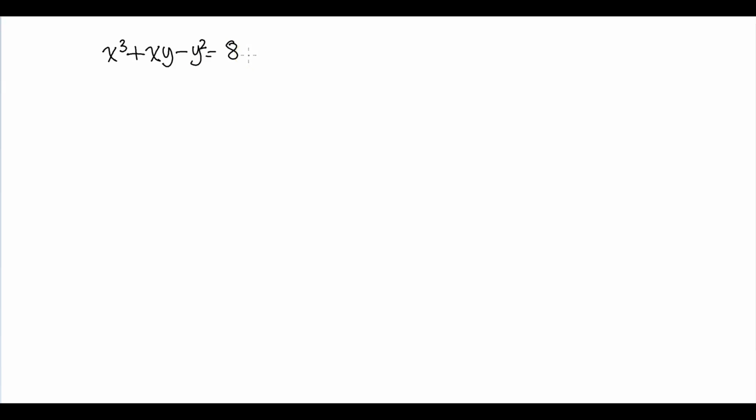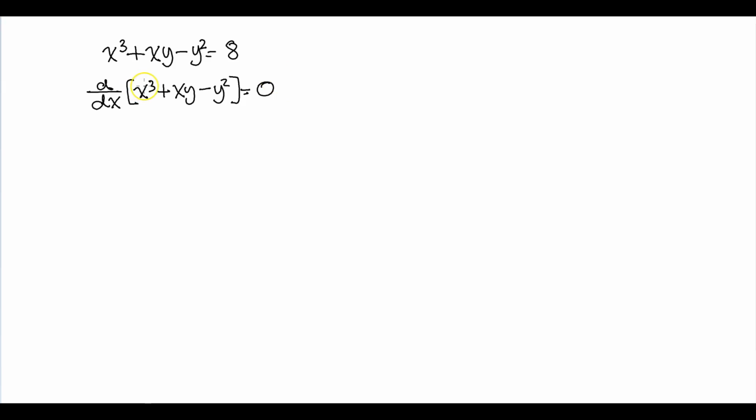Okay? So first, we're going to take the derivative with respect to x on both sides. Well, the derivative of 8 is 0, so we're going to replace this with a 0 over here.